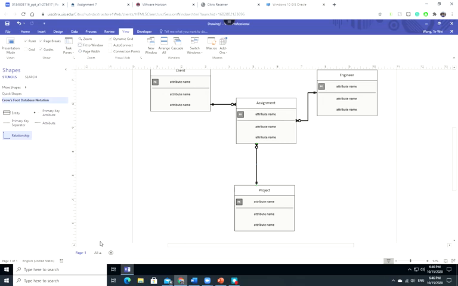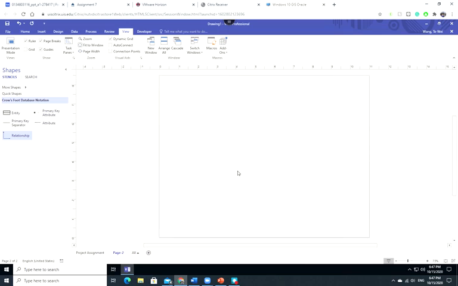The second thing I would try to do here is that for this particular assignment, let's just call this project assignment transaction model. Let's create another one, and this is called the employee model. Employee model.